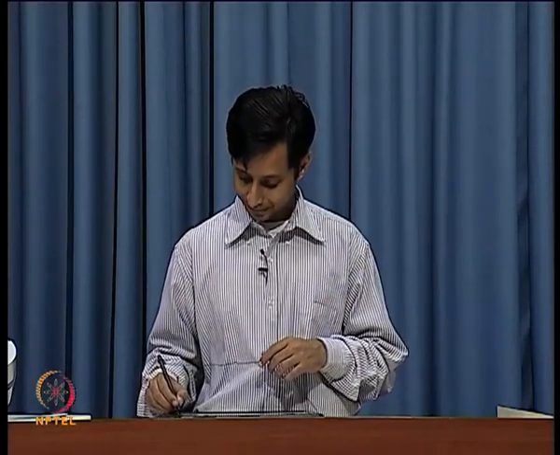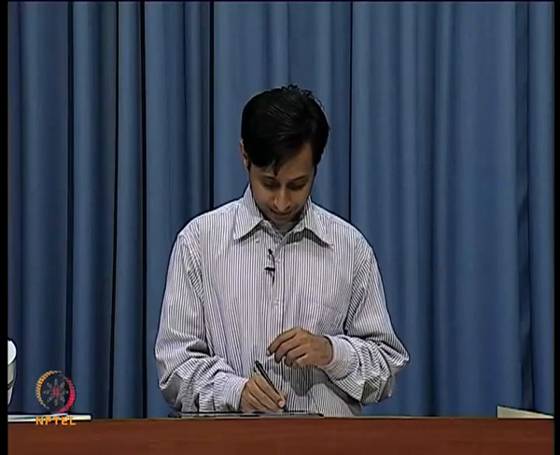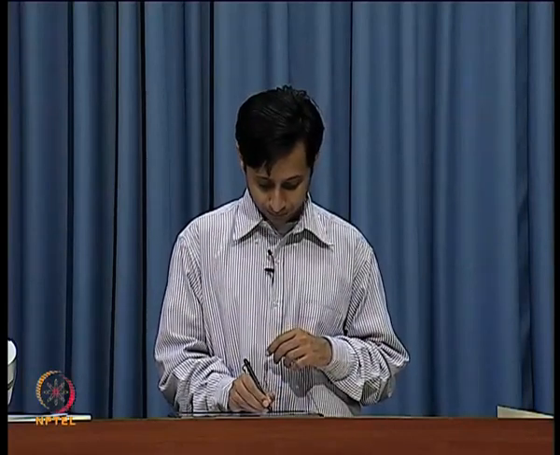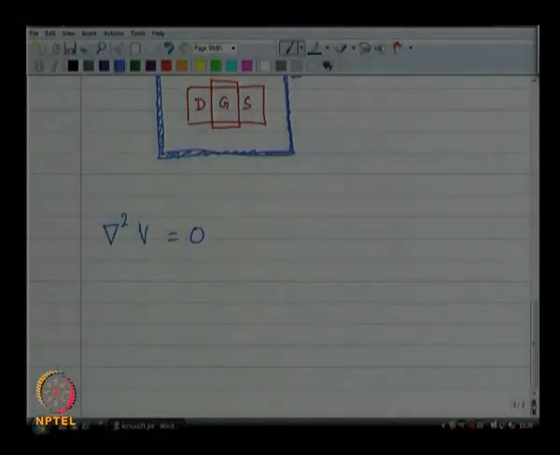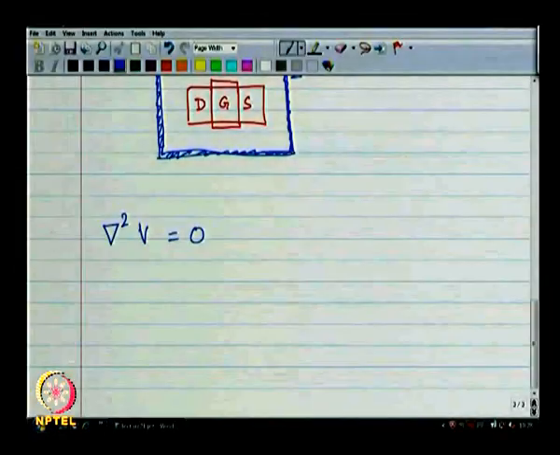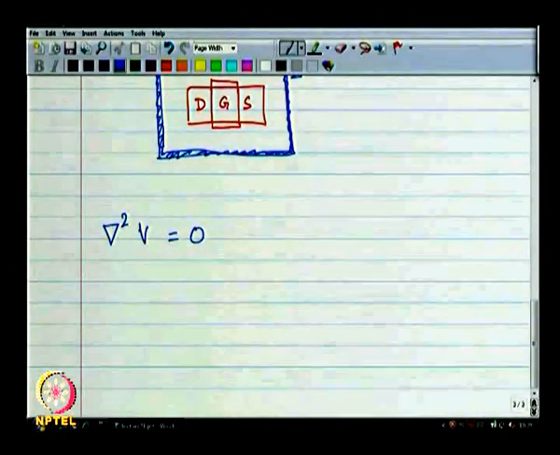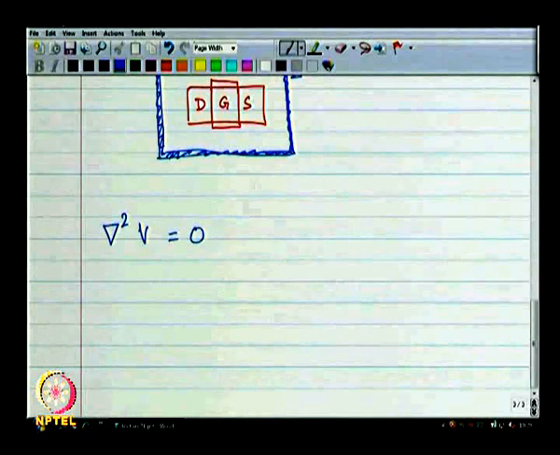Do you remember how to solve Laplace's equation? You remember Laplace's technique? You know, del squared V is equal to 0. Del squared V equal to 0 is a fundamental equation in electrostatics.